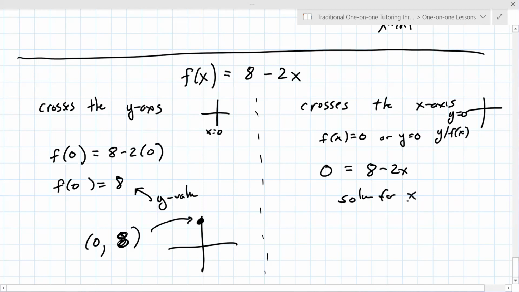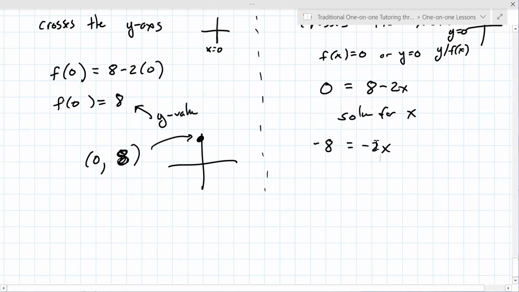So you subtract 8. Yes. So when you subtract 8, you get minus 8 equals minus 2x. And then you have to bring that x over too. So I would undo this. -2 is multiplying x, so I would undo it with division.